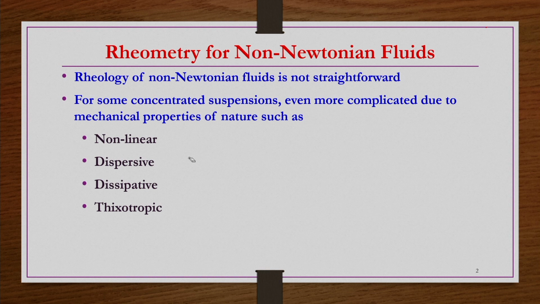So, we should realize that non-Newtonian fluids are mostly not single phase fluids. There may be some exceptions, but the majority of non-Newtonian fluids are suspensions, particulate matter, or emulsions.